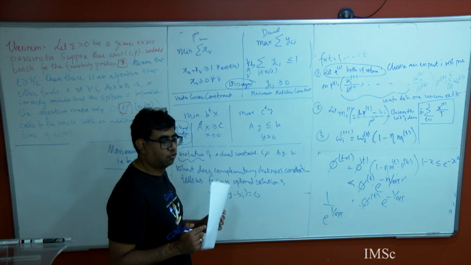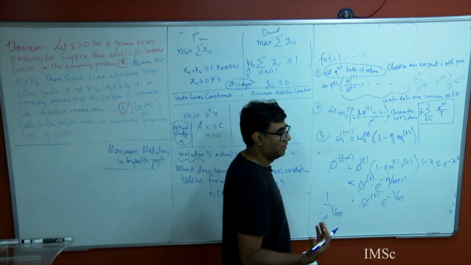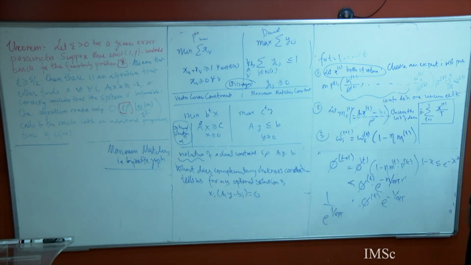Okay. So what is one way to express this complementary slackness condition in just one constraint? Look, there are many conditions, right, for each i this should be satisfied.